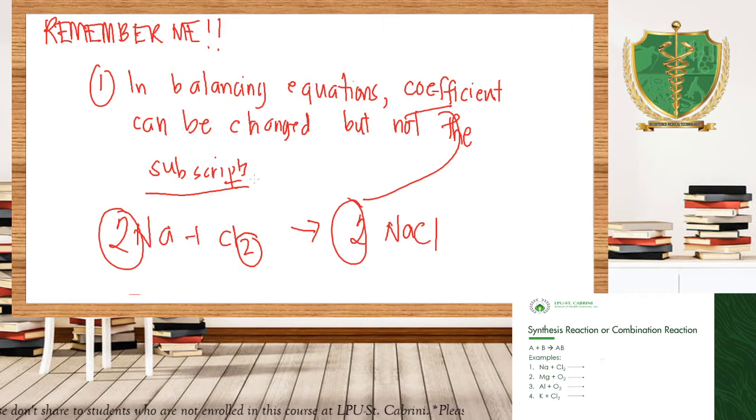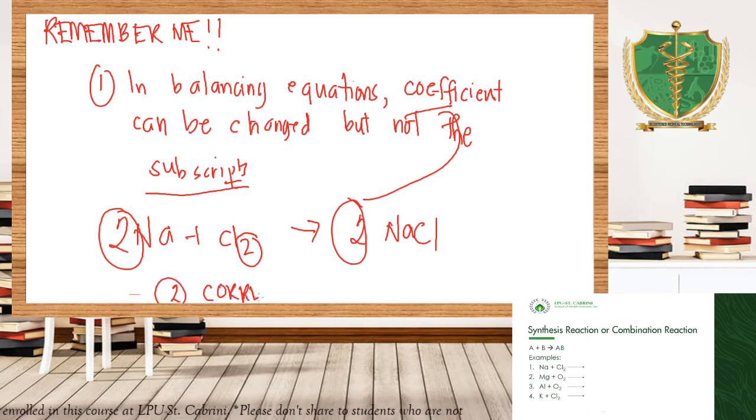And you cannot change the subscript in the chemical equation because it will not be the same chemical compound if you change the subscript. You can change the coefficient but never the subscript. Take note of that.